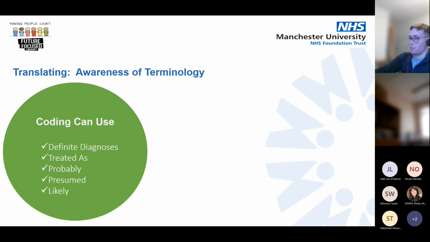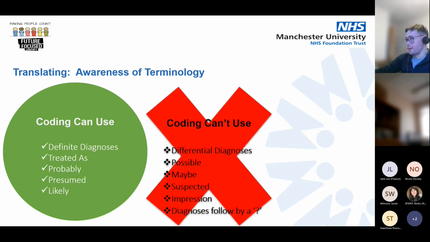It was assumed that condition was there, and treatment was given. We can't use these qualifiers. So you'll find this a lot. Impression is used an awful lot in diagnoses, and query, the little question mark, is used a lot by clinicians. We can't use those.